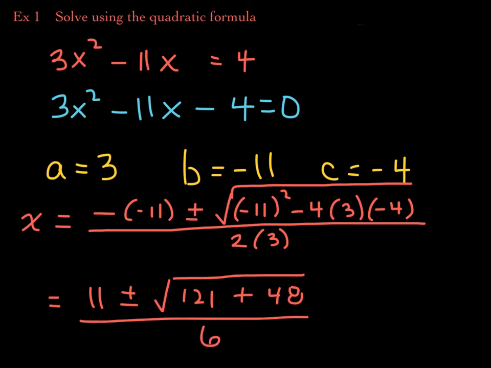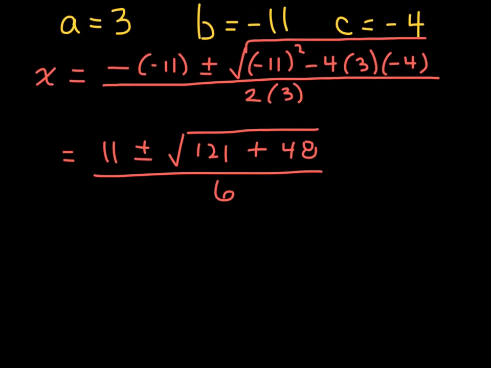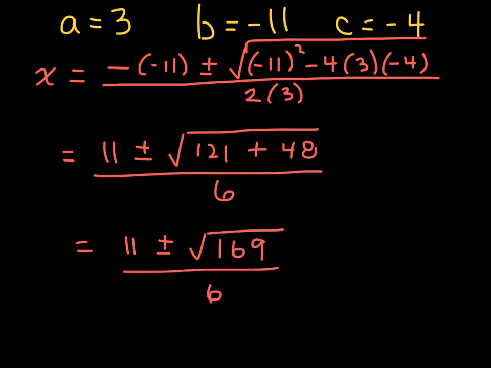Let's continue simplifying. So x is equal to 11 plus or minus the square root of 169 all over 6. So x is equal to 11 plus or minus 13 over 6, because 13 squared gives you 169.